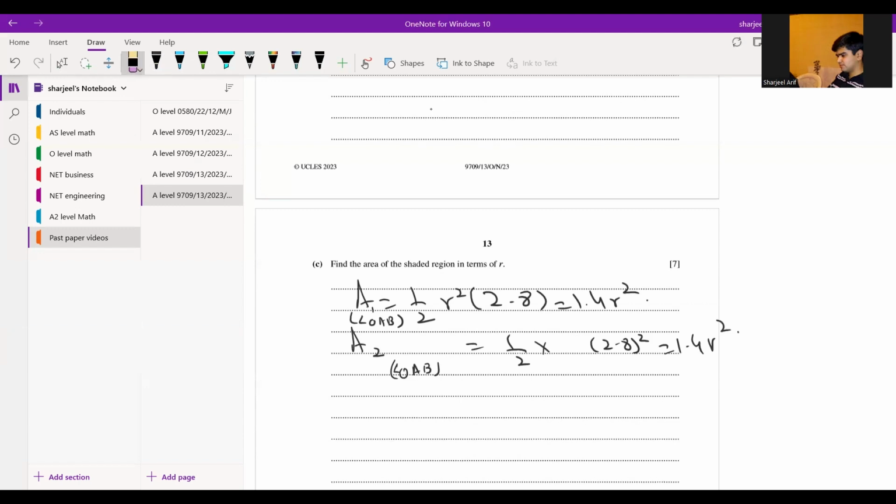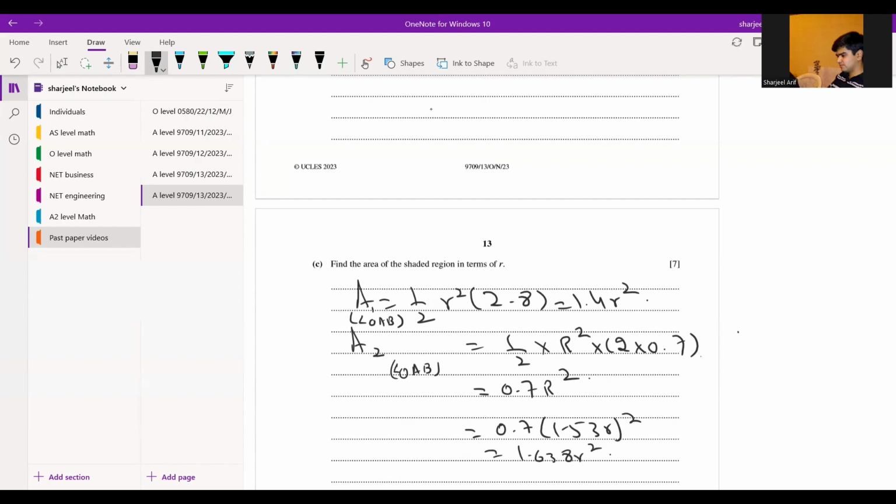Wait, we have to use capital R squared here. 2 into 0.7. So this will become 0.7 R squared. So we will substitute the value of 1.53 here.